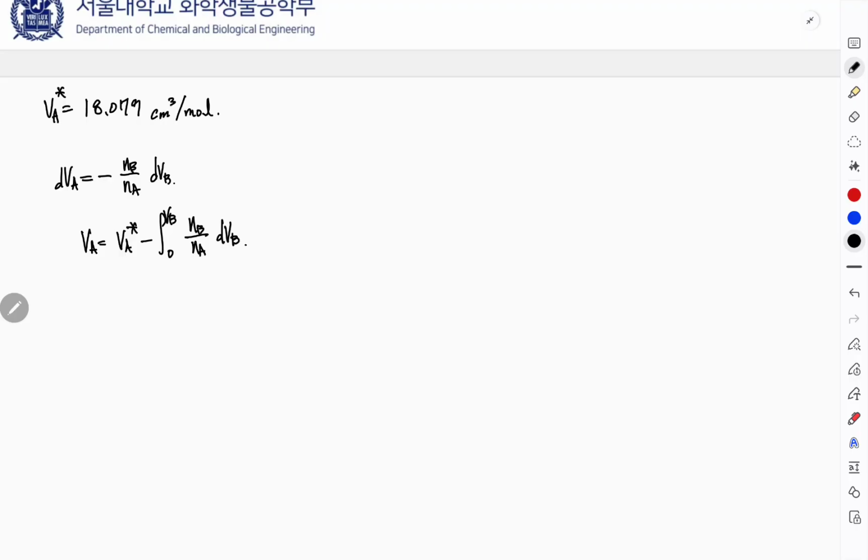So if we differentiate both sides, what this means is that dVB is 9.108 x to the minus 1/2 dx.